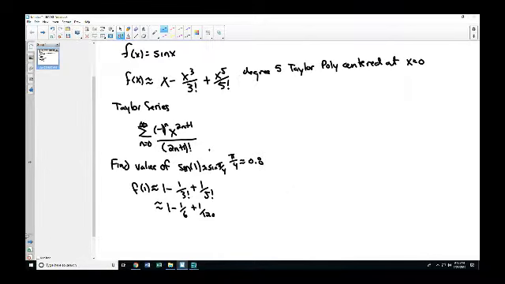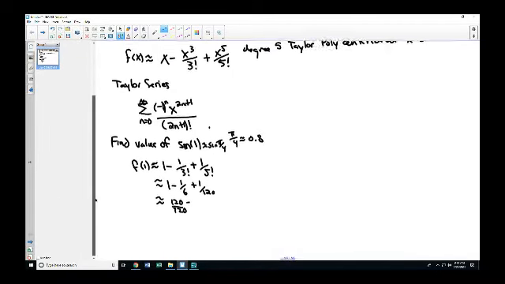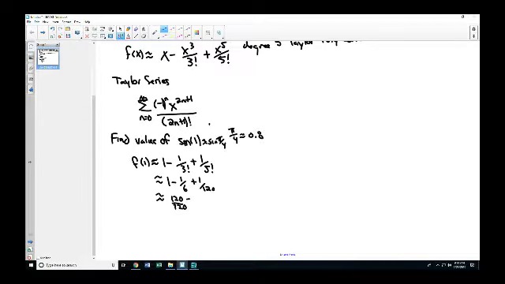What is 5 factorial? 5 times 4 times 3 times 2. So if we really want to get a nice pretty number, we can do common denominators because we're not calculator based here, right? 6 times 20 is 120, 100 plus 1, so 101 over 120.